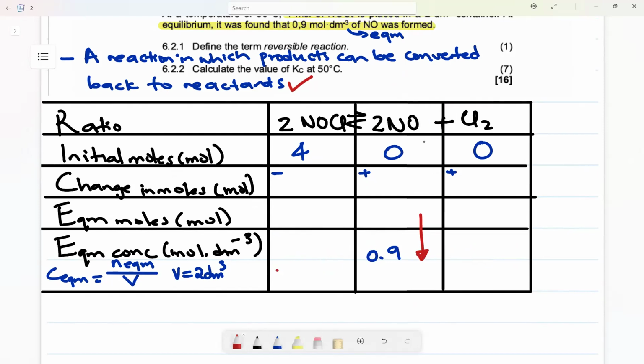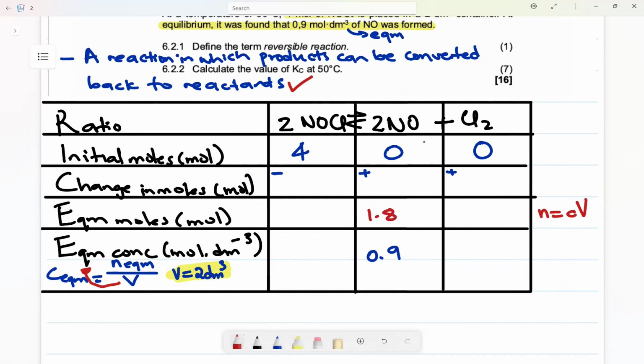So if I want number of moles, I will multiply by the volume, so equilibrium number of moles is CV. I will multiply the concentration at equilibrium by the volume. My volume is 2 decimeter cubed. So I'm going to say 0.9 multiply by 2. I get 1.8 moles.